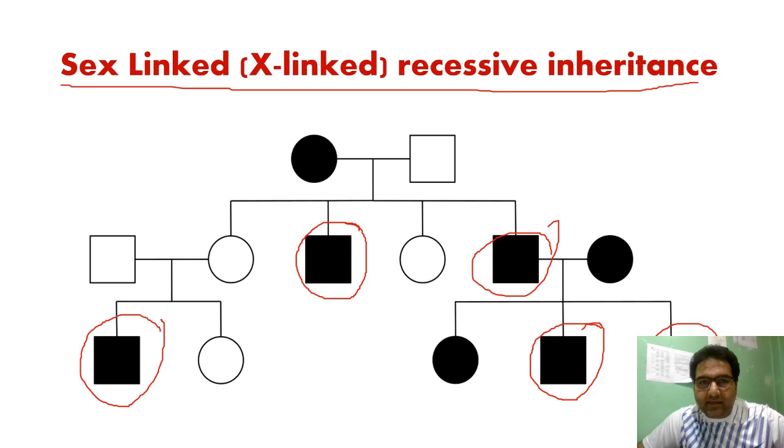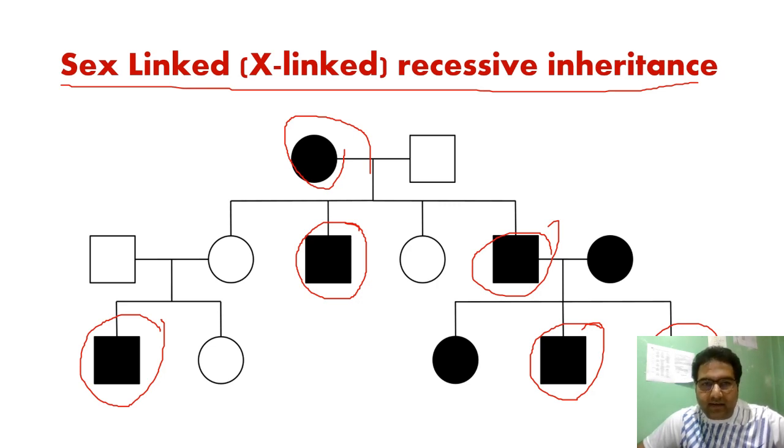The affected males result from mothers who are either affected or carriers. That is what we are seeing here: the males are born of mothers who are either affected or carriers. Here this mother is affected and has given rise to sons who are affected.